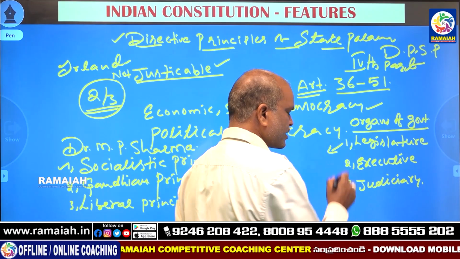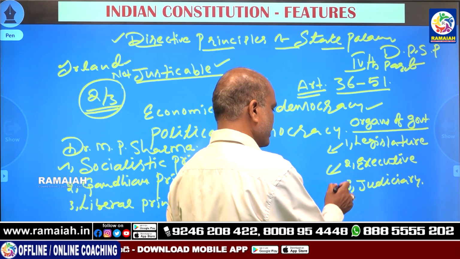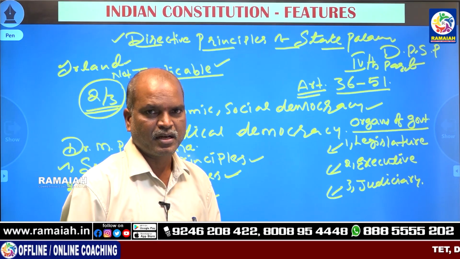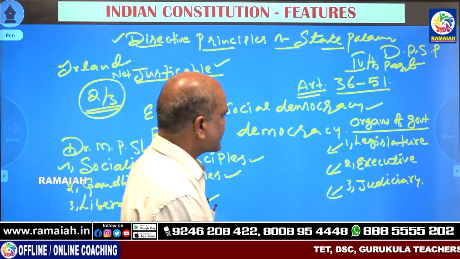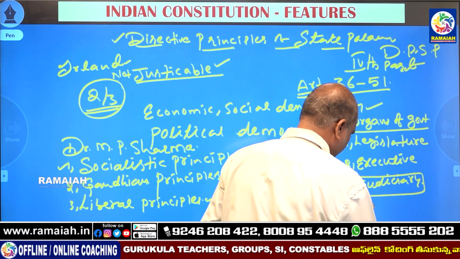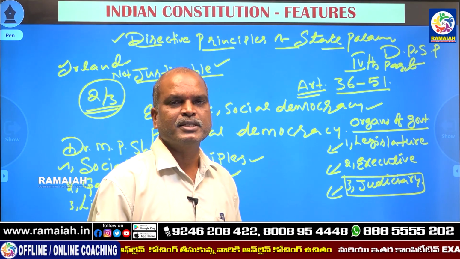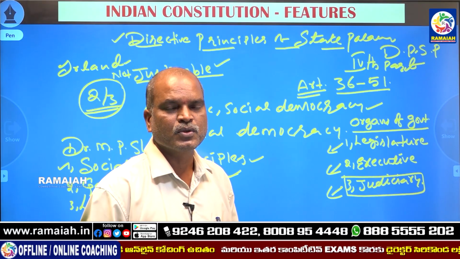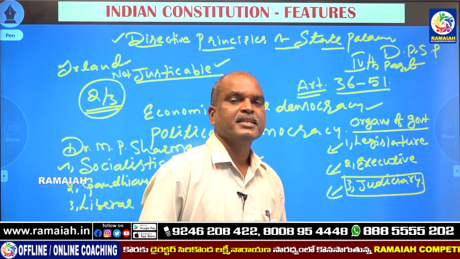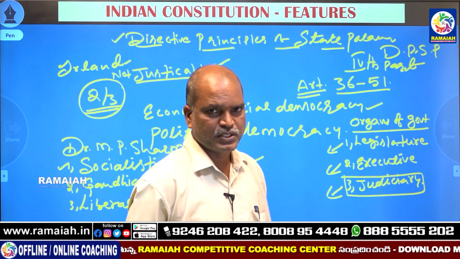The legislature's main function is making laws, the executive's main function is implementing the laws, and the judiciary's main function is interpretation of law. Here, a liberal principles example: the judiciary should be separated from the executive. Judges should be free, then only they give judgments without fear or favor. That is what Article 50 explains.